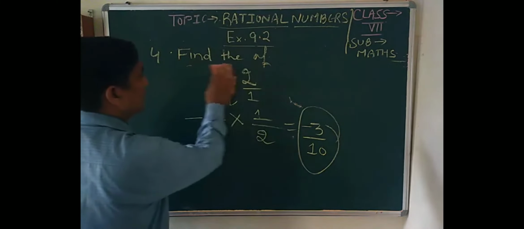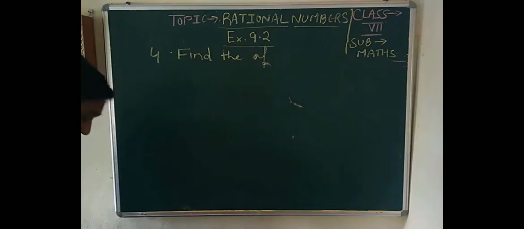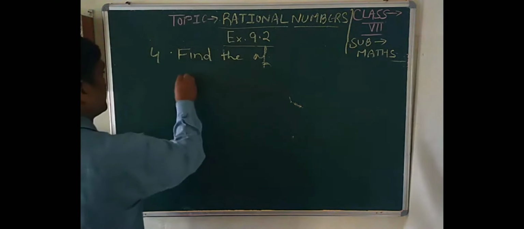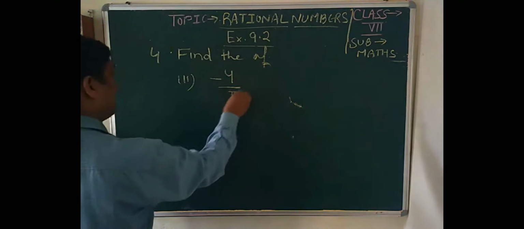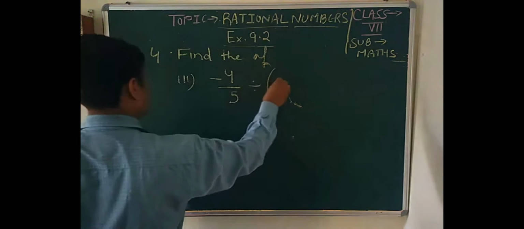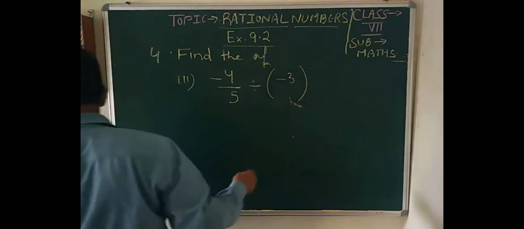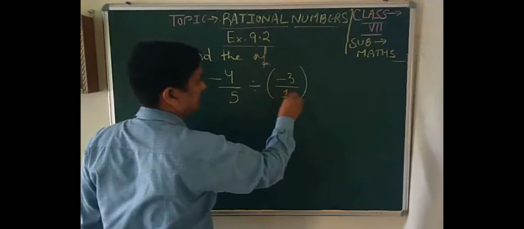We will do one more part. The third part we can do now. Third part is minus 4 upon 5 divided by minus 3. There is no denominator, so you will write down 1 in the denominator.